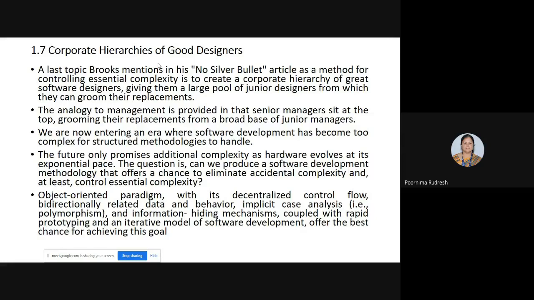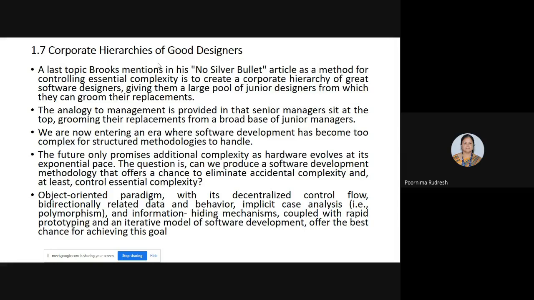At the top, software designers will be there, and below them a pool of junior engineers will be placed, and they can groom their replacements. This is the suggestion given by Frederick Brooks in the paper No Silver Bullet, published in 1987 in the IEEE Computer transactions.